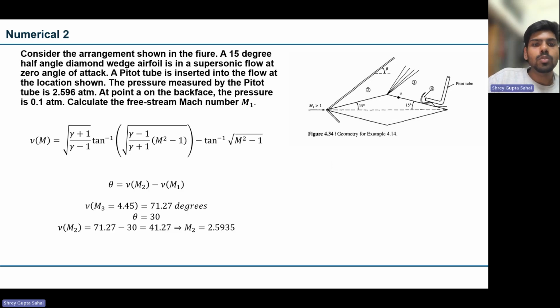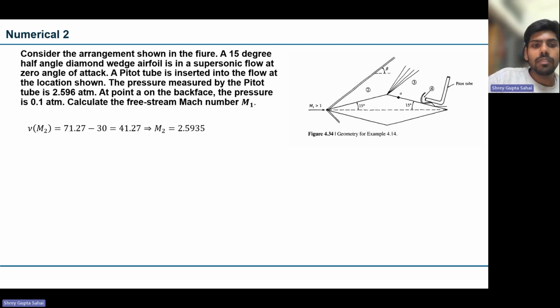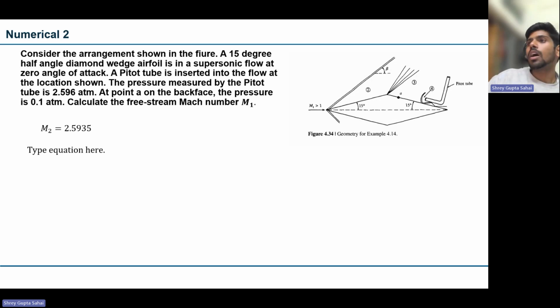So now M2 is known, but MN2 is not known, since beta is not known. So we have to guess some beta values and see how things evolve.